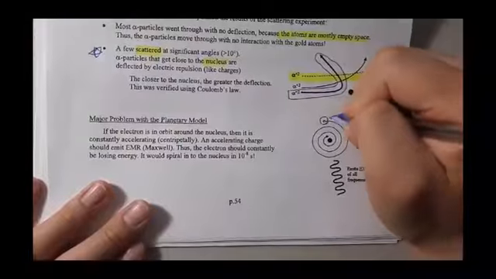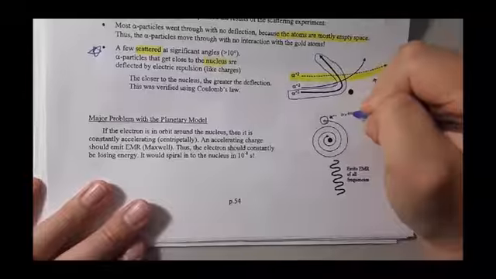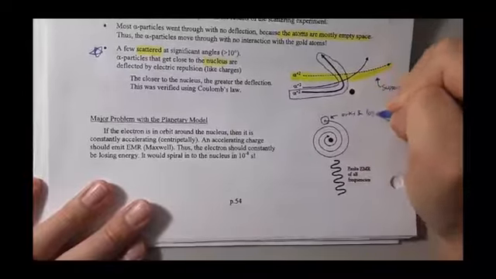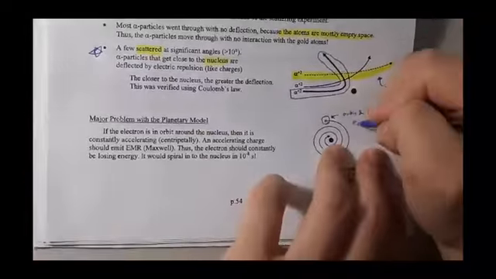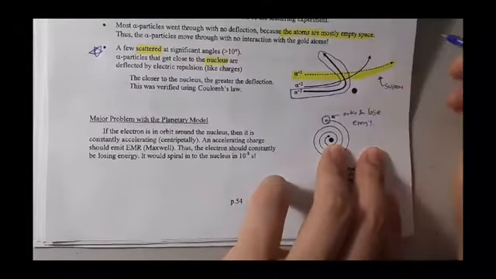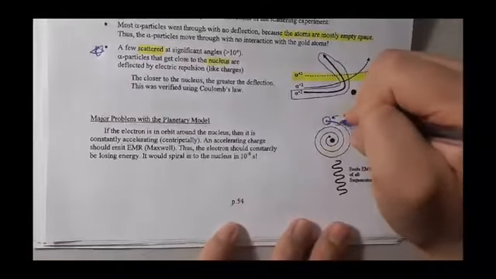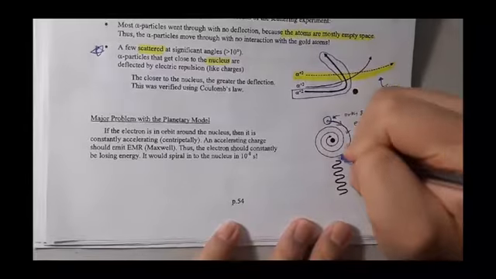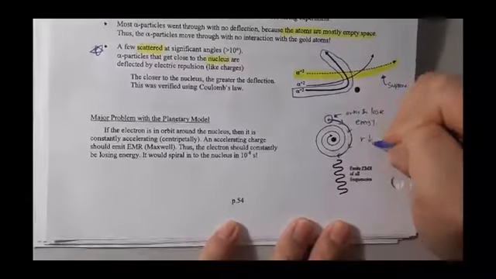Electron will basically orbit and lose energy. So if it's continuously rotating, the radius will get smaller.